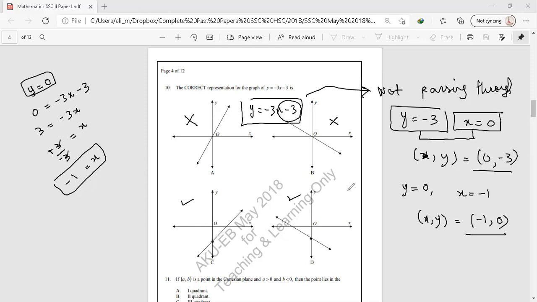At x equals to 0, y is minus 3. So this is the point 0 comma minus 3. And at y equals to 0, the value of x is minus 1. So this is at a point where y is 0 and the value of x is negative. So option D is our correct answer for this question number 10.